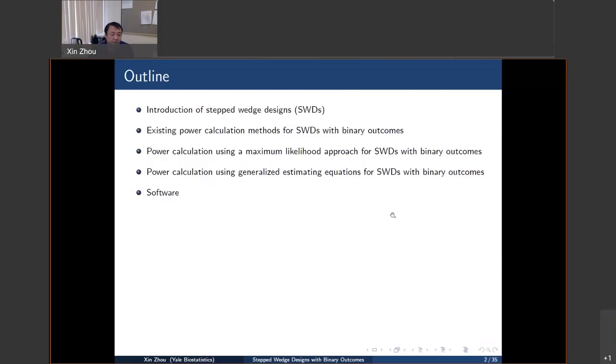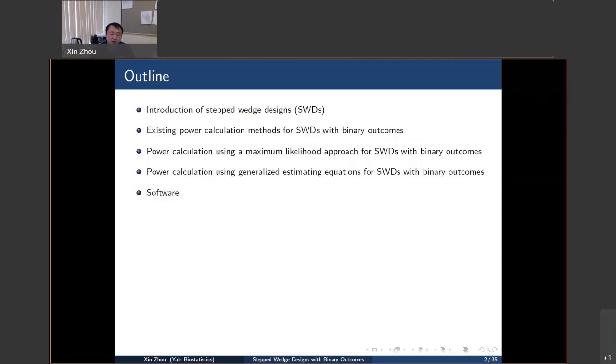Okay, this is the outline of my talk. First, I'll briefly introduce the stepped-wedge design and the power calculation method proposed by Hussey and Hughes. Their normal approximation method is often used for binary outcomes. Actually, I will show this method is inaccurate. For analyzing stepped-wedge studies, the mixed effect model and the generalized estimating equations are 2 often used methods.